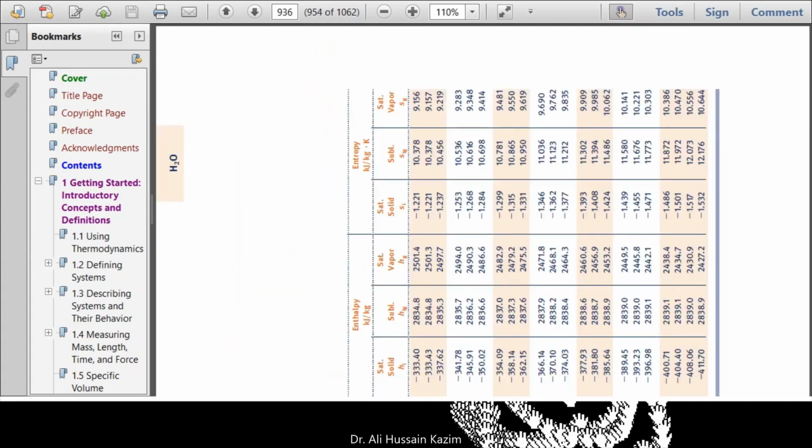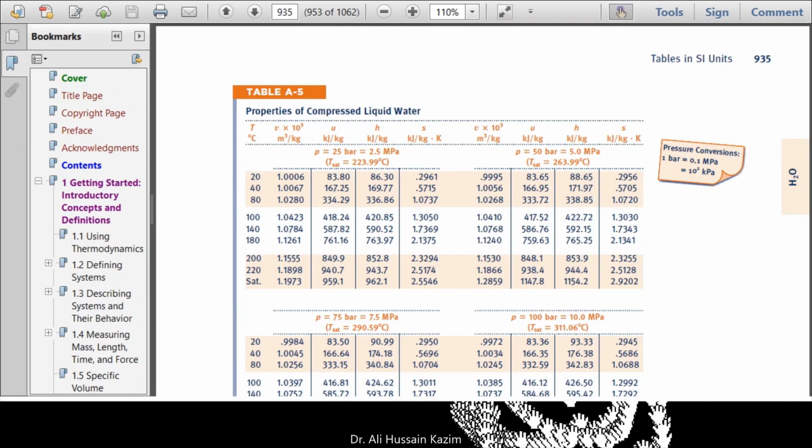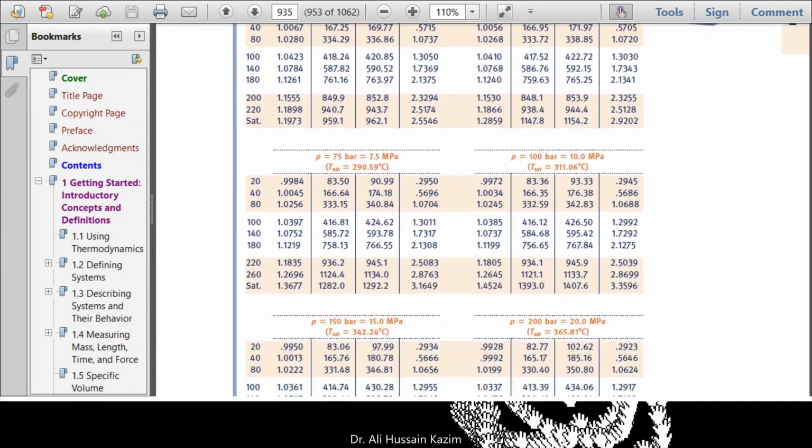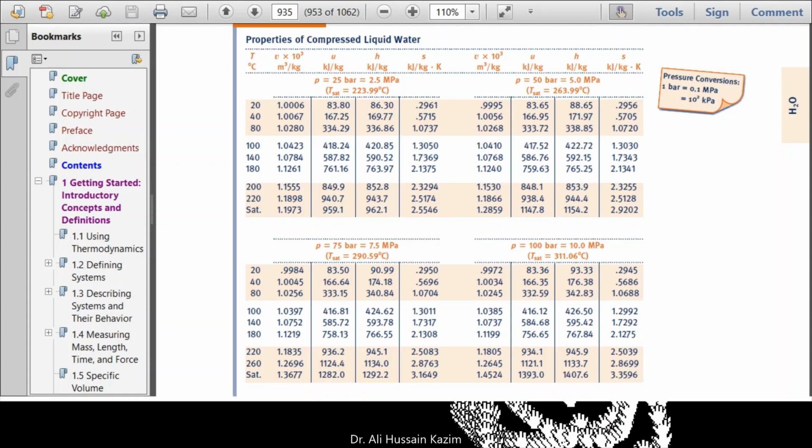So compressed liquid water. So if we open this table, 40 bar, there is a table for 25 bar and then there is a table of 50 bar.